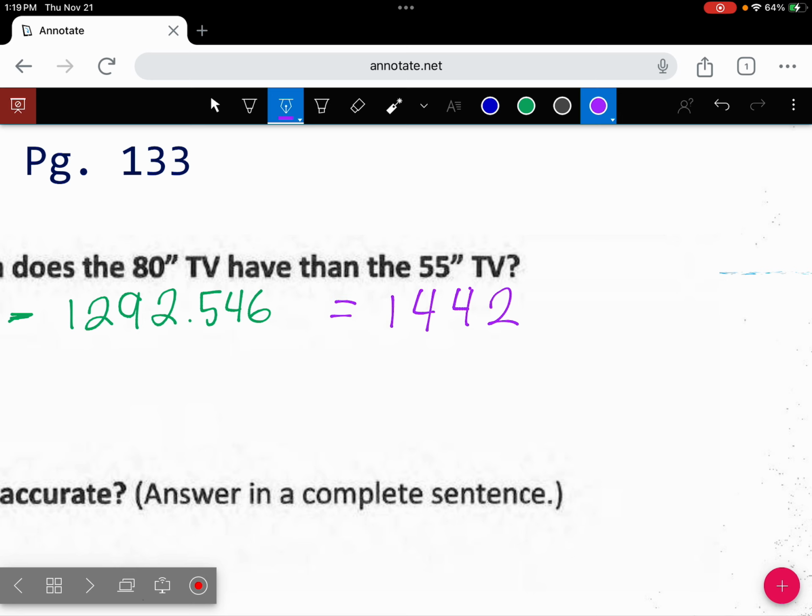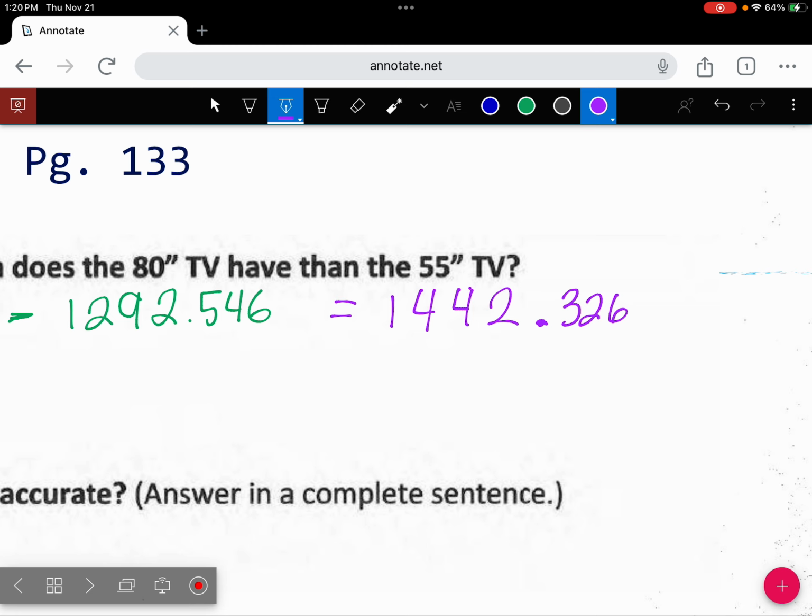It should be about 1,400 and change. So again, this will depend on where you round it. So if the difference between them is 1,400, is the advertisement true? Does the 80-inch TV have more than double the 55-inch TV?